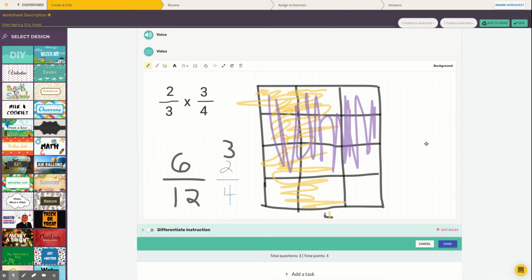So I'm going to draw right over here, which will be my final answer. 2 divided by 2 is 1, and 4 divided by 2 is 2. So what this means is 6/12 is equivalent to 2/4 is equivalent to 1/2. So 2/3 times 3/4 in simplest form or lowest terms is 1/2.